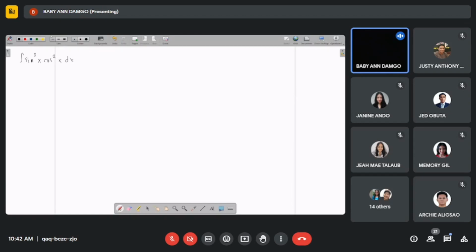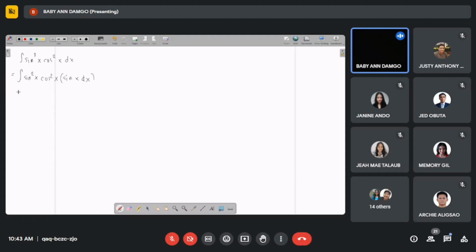Let's check which exponent is odd and positive. Here it's the sine. So we retain one sine x. What remains is sine squared x cosine squared x, and then sine x dx.